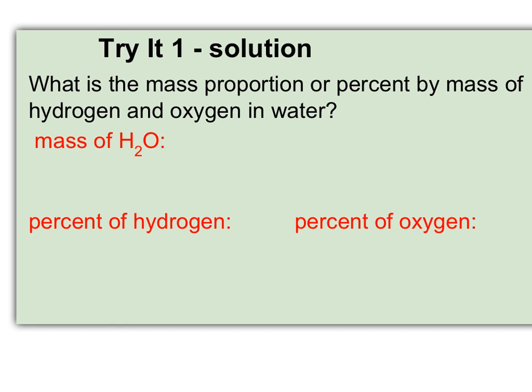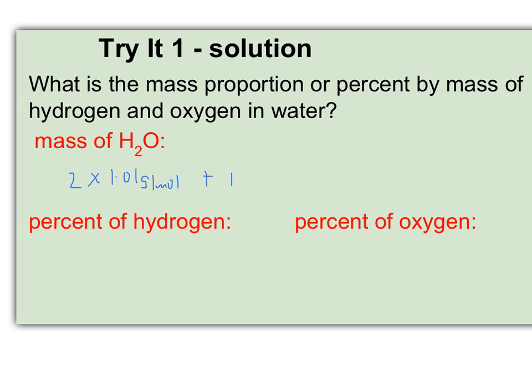So to find the mass proportion, or percent by mass, of hydrogen and oxygen in water, I first need the molar mass of water. Water has two hydrogen, and if I look on my periodic table, it has an average mass of 1.01. The label for that is grams per mole, although we're not too concerned about that right now.